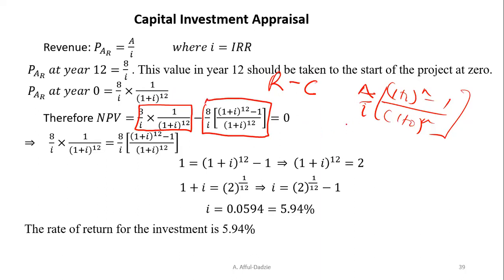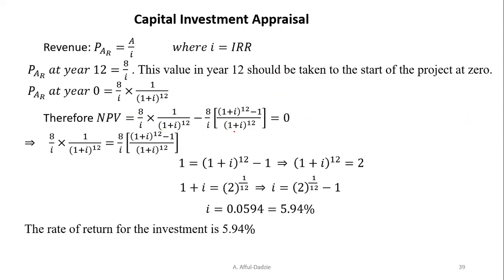So the revenue part minus the cost part must be equal to 0. From the start, we can even use just this expression alone to find our IRR.